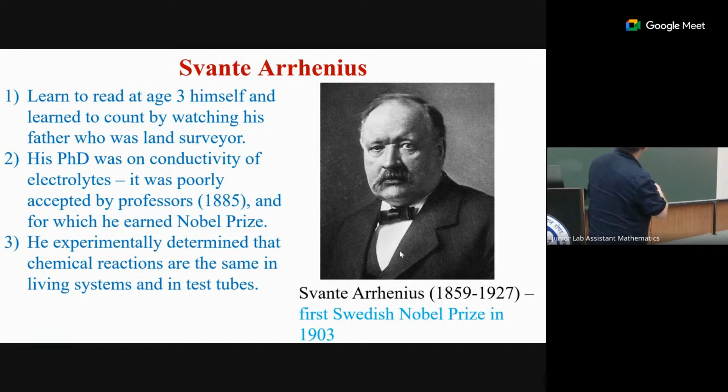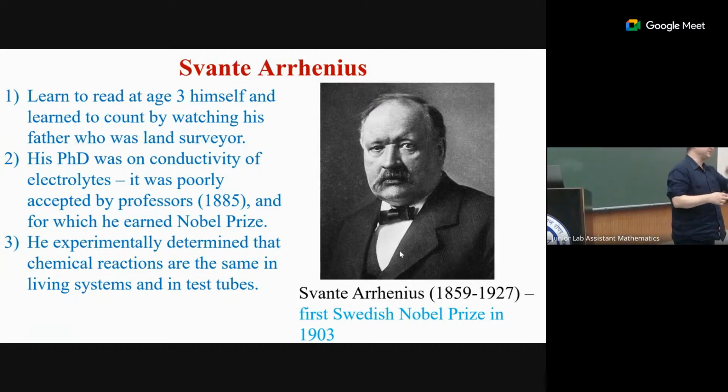There's an interesting story about him. He taught himself to read when he was 3. And he learned to count himself, looking at his father. His father was a land surveyor, a person who measures land. He did his PhD on conductivity of electrolytes, and this eventually earned him the Nobel Prize. But when he defended, he almost failed. The professors didn't like it. It was at Uppsala University.